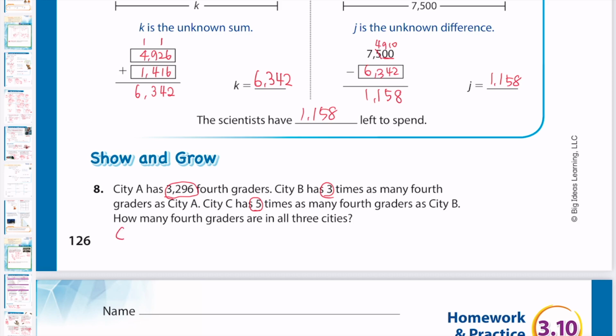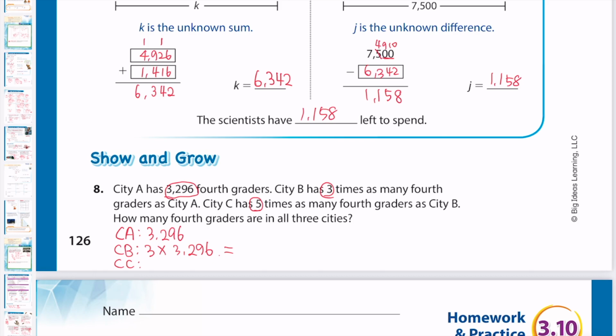All right, City A, let's put this A as what? 3,296 fourth graders. And then city B has how many? 3 times as many fourth graders as city A, which is what? 3,296. And city C has what? Let's put this as what alphabet do you like?